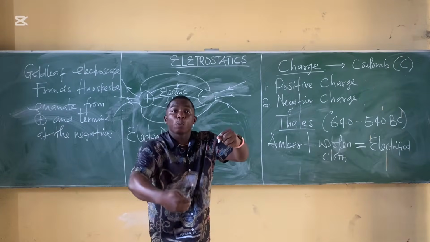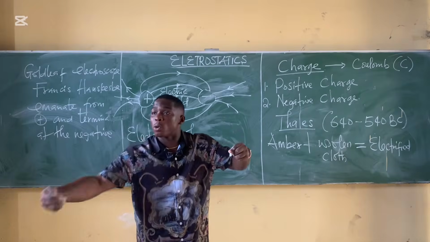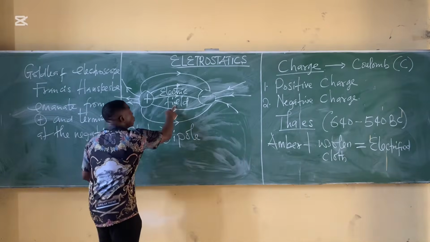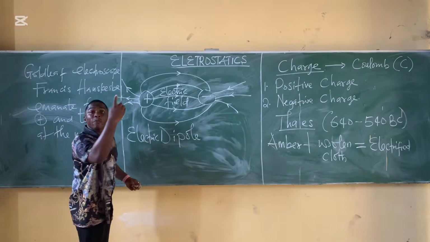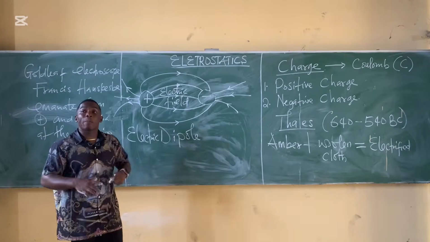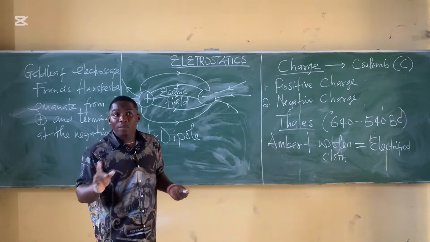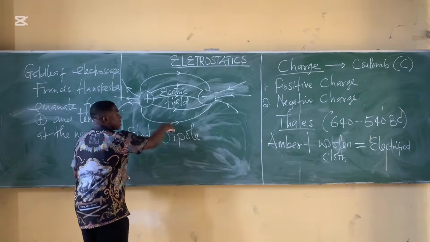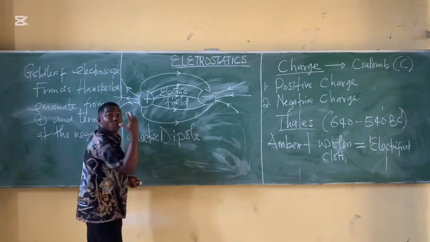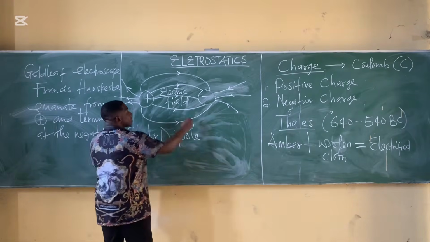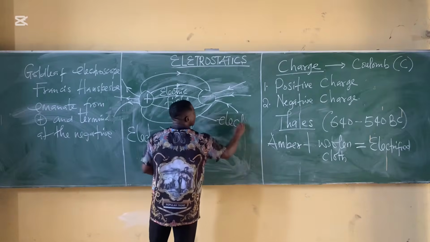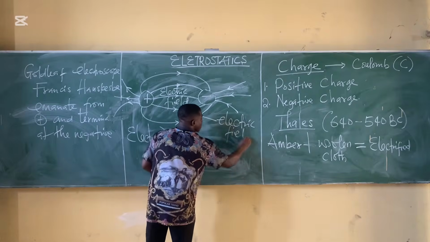That magnetic field produces a magnetic force. The same way, this electric field produces an electric force, and that electric force is explained by Coulomb's law. These lines you are seeing cannot be seen with the naked eyes. These lines are called electric field lines. Please take note.